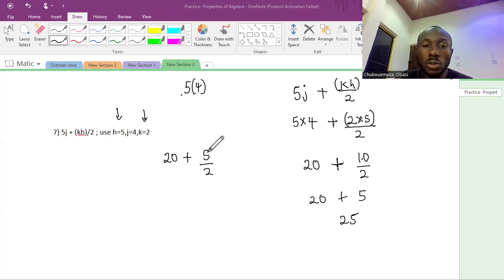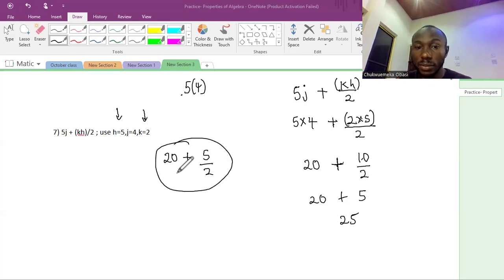Maybe you can go ahead and do 5 divided by 2 is 2.5. 20 plus 2.5 is 22.5. That's another way to go about it. Or you might solve this problem as a fraction. Make them have the same denominator and you simplify. So it all depends on how you've learned it from your arithmetic section. But the answer to this question is 25.